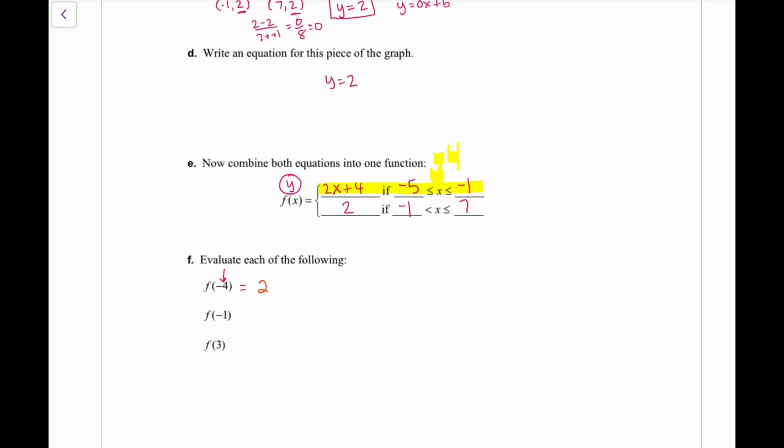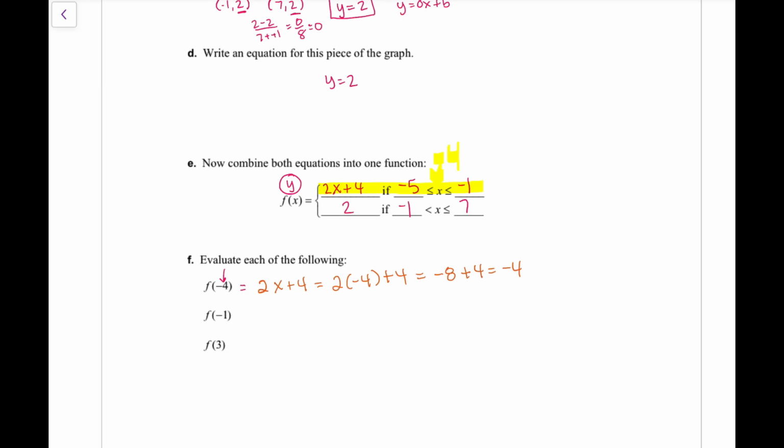So we take 2x plus 4, and everywhere there's an x, we put in negative 4. 2 times negative 4 plus 4. 2 times negative 4 is negative 8, plus 4 is equal to negative 4. Okay, so f of negative 4 equals negative 4.